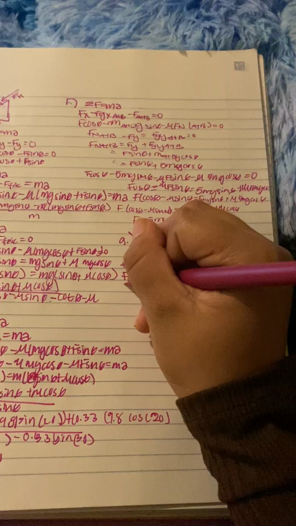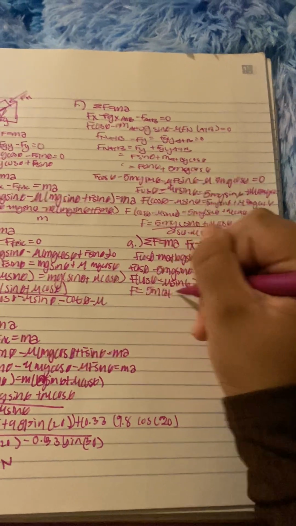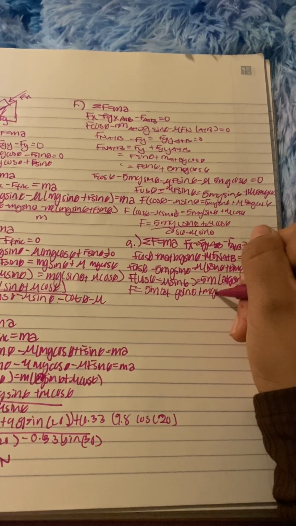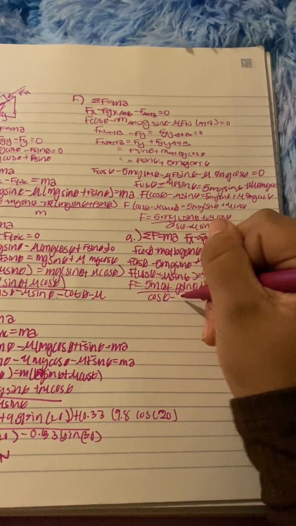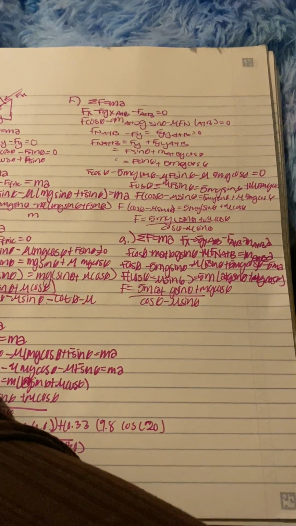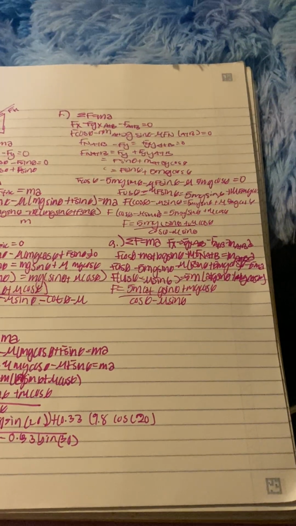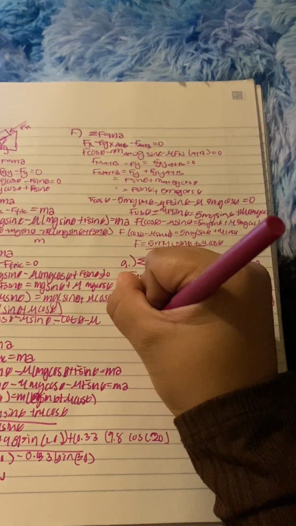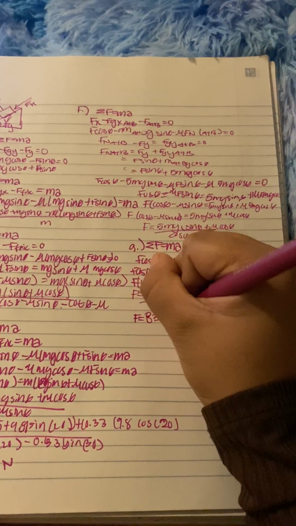Then you just divide it to get F alone: 5m times (a plus g sine theta plus mu g cosine theta) over (cosine theta minus mu sine theta). And then you would plug in the values. You would get F to equal 83.34 N.